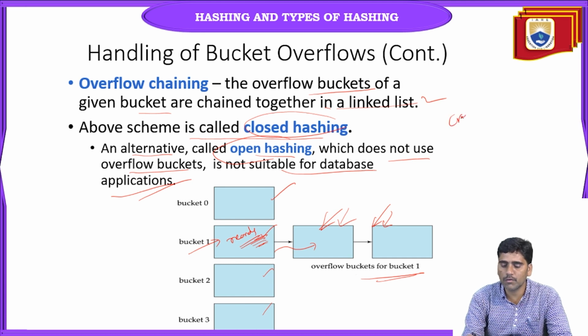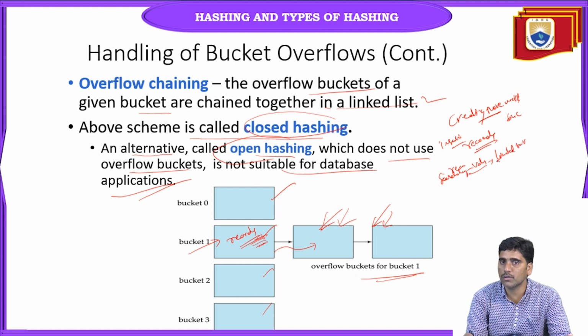So creating more buckets means creating sufficient buckets for inserting records. The search key values are limited for each bucket, because more search key values for the same bucket indicate what?